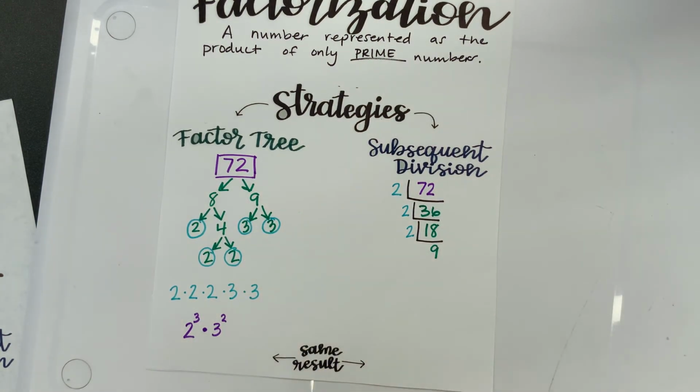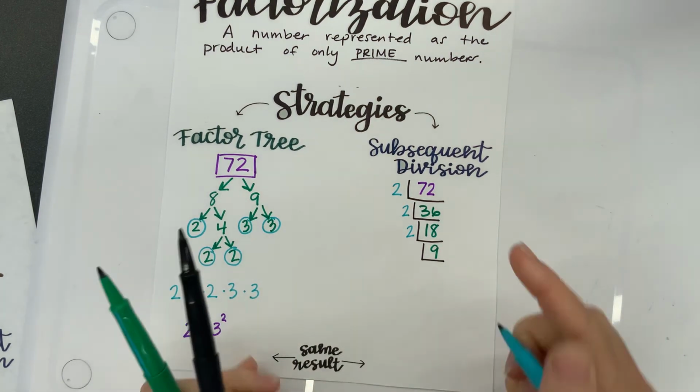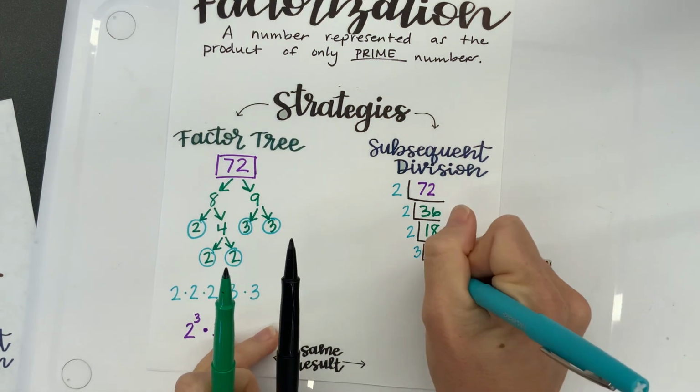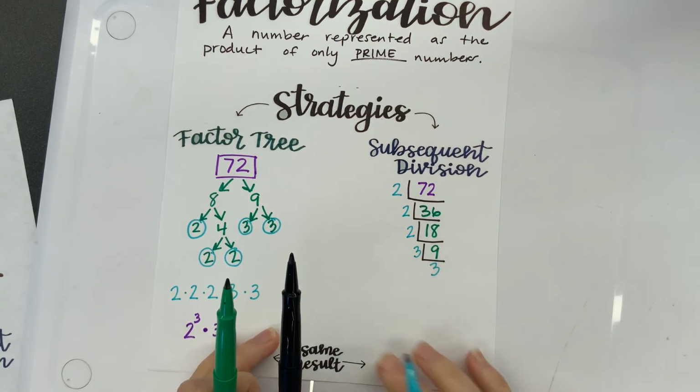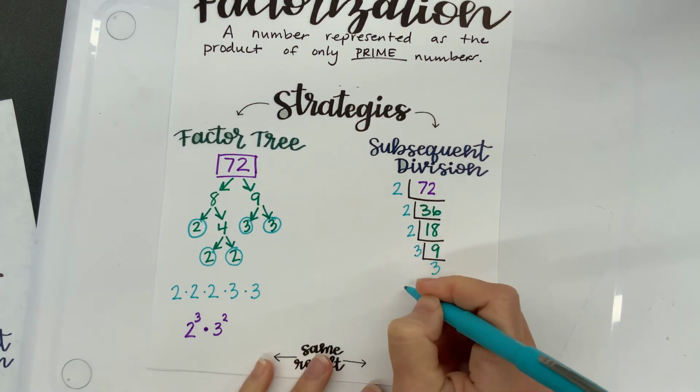I know that 9 is not prime, so I'm going to keep going. 3 goes into 9 3 times, and I now have a list of all prime numbers so that I know I'm done.